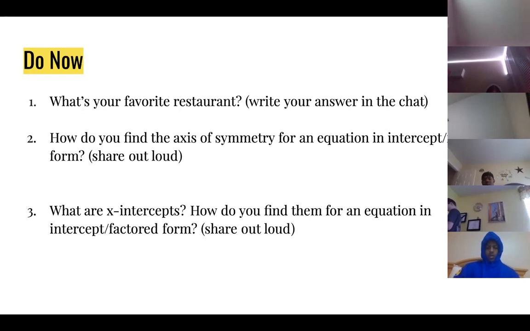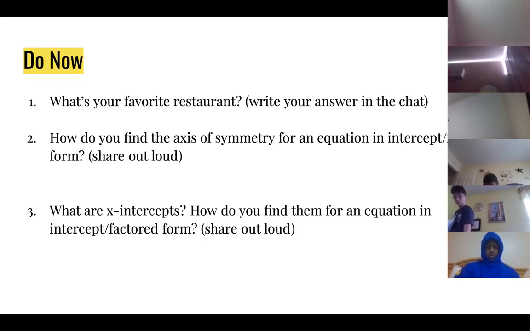Am I completely off? You're right on the over 2, but instead of b and a, what variables do we have for factored form? Do you remember? Is it bc? Not BC. I think you're thinking of standard. Remember, it's P and Q. So it's P plus Q over 2. And remember that your P and your Q have to be opposite signs. So when you plug it into the formula, make sure you change the signs from the original equation.